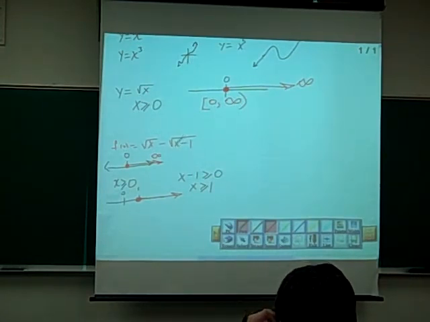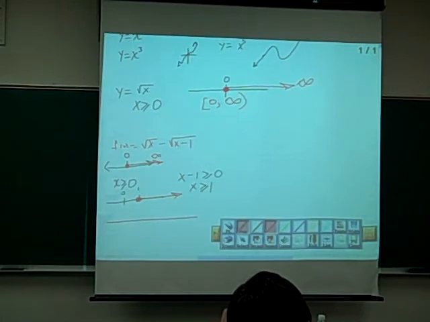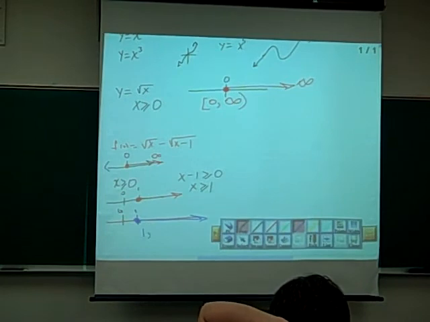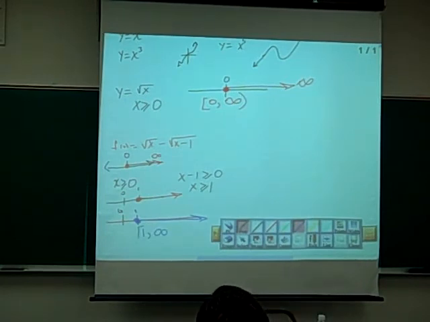Then you end up with negative 1, a negative radicand. So your domain cannot be anything less than 1, which means your domain has to be from 1 to infinity.